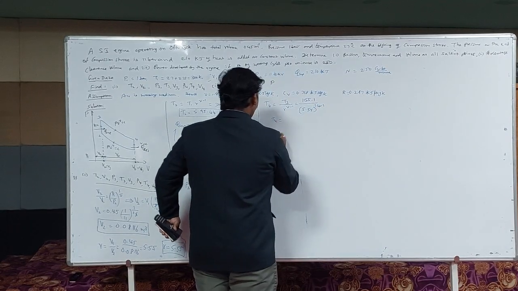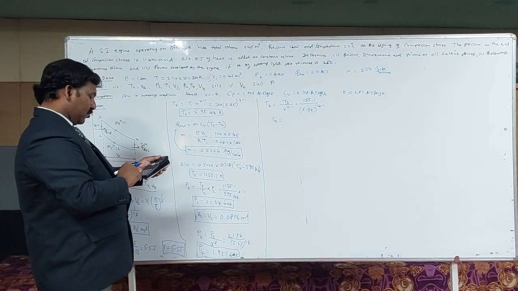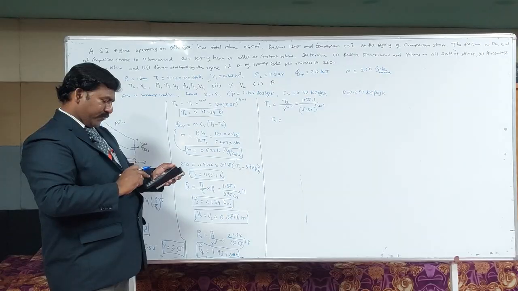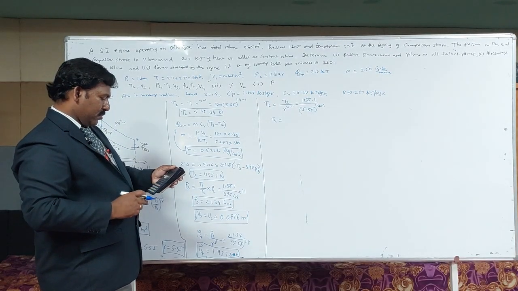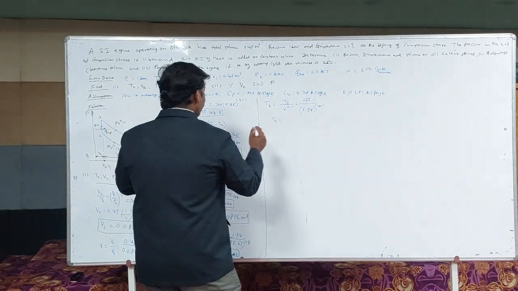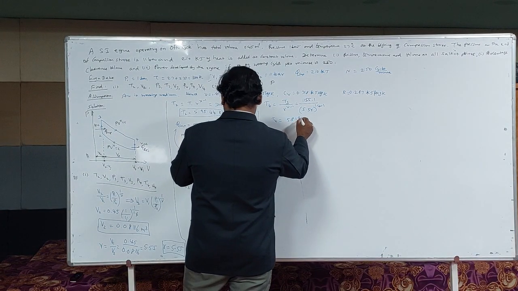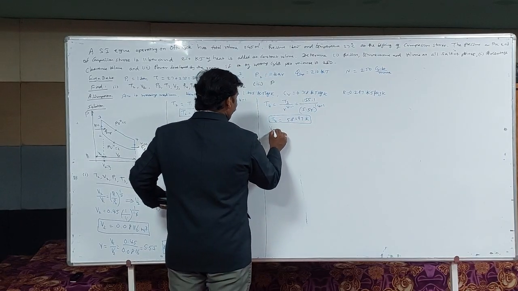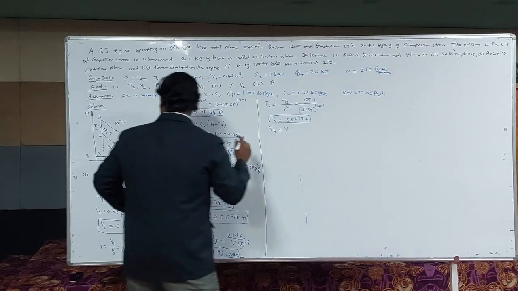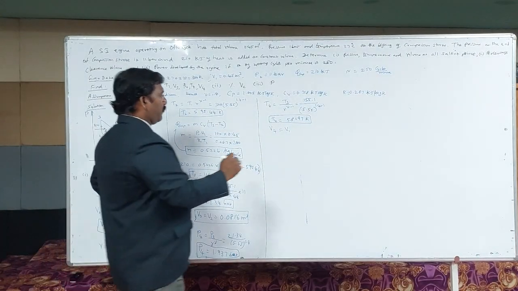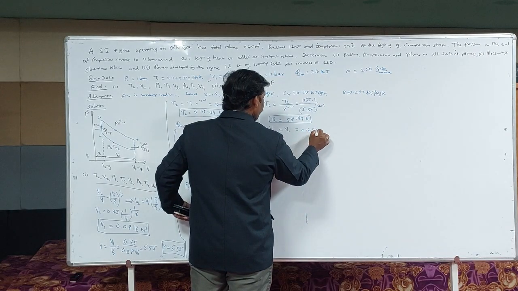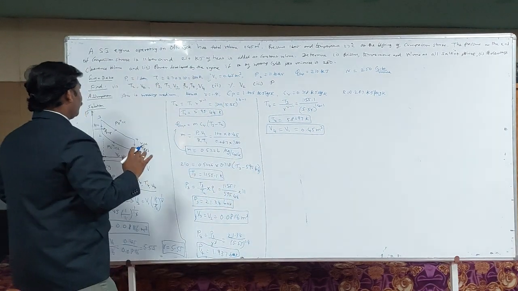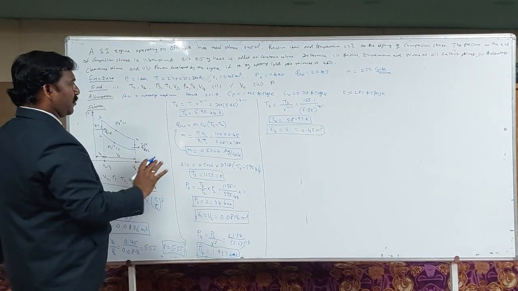So we get T4 is equal to 1155.1 divided by 5.55 power 0.4, which is 581.97 Kelvin. Then the V4 we have to find out, since process 4 to 1 is a constant volume process, V4 is equal to V1 is equal to 0.45 meter cube. So we found P4, V4, T4. So all the unknown properties at all salient points we have found out.